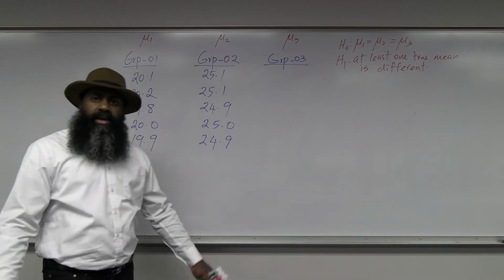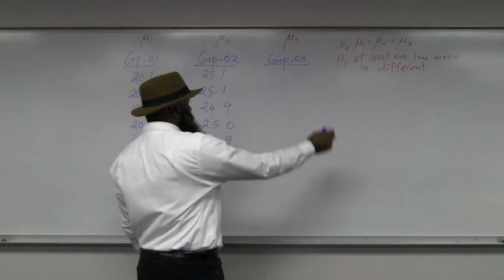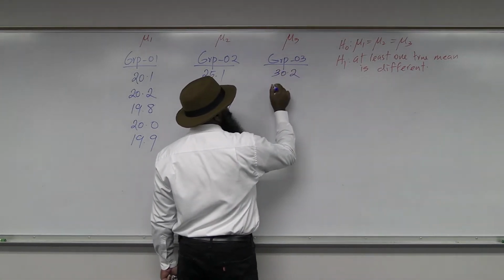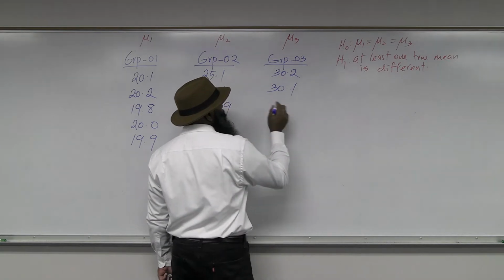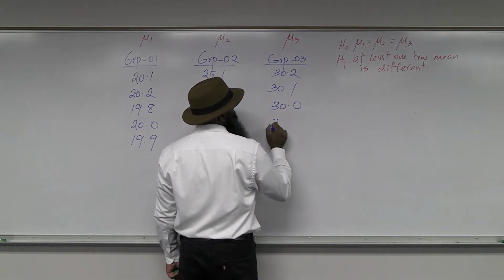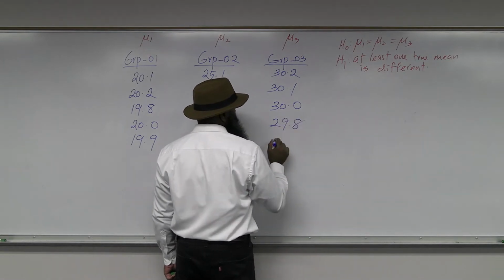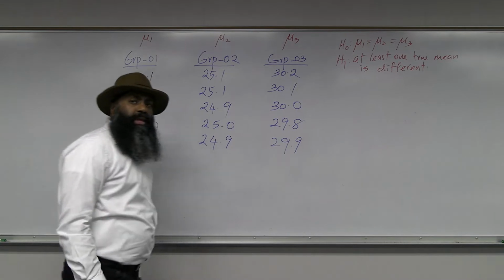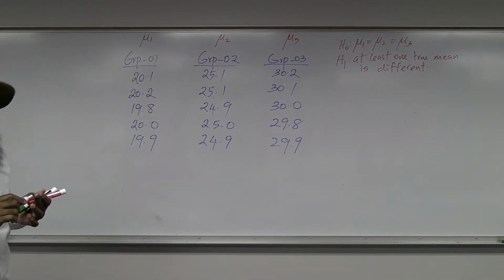And let's say group 3 has the data points like this: 30.2, 30.1, 30.0, 29.8, and 29.9. Once again, I have 5 data points.